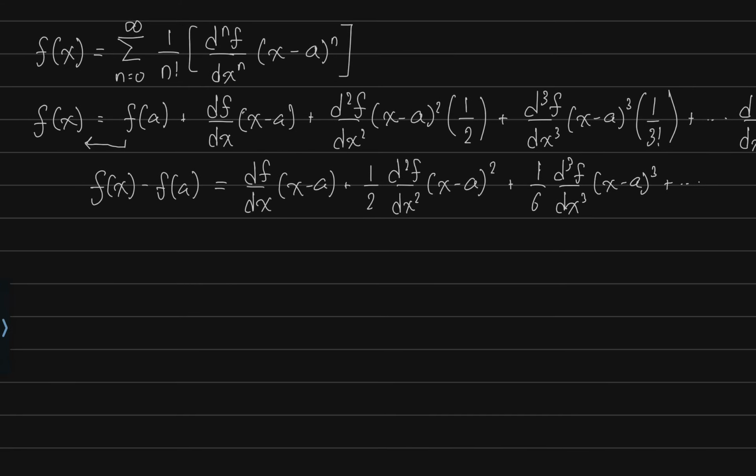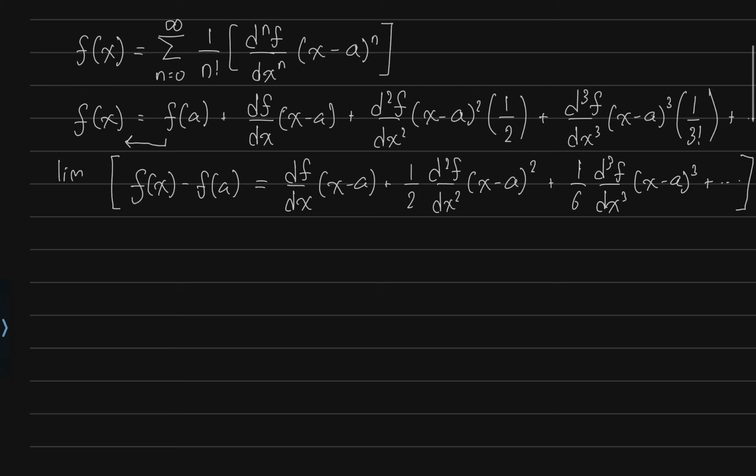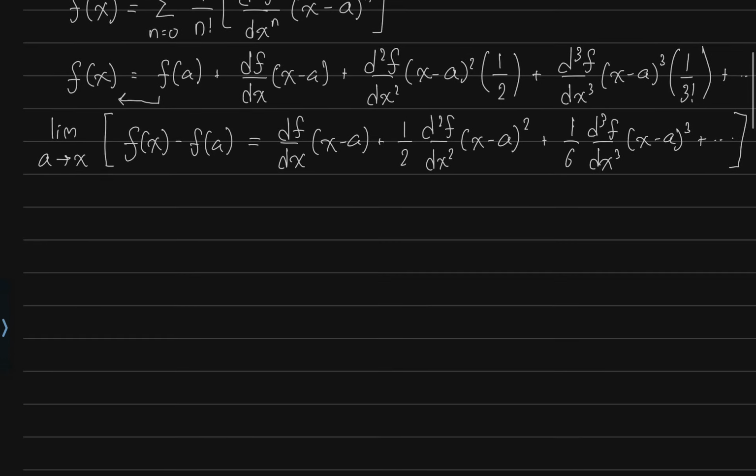Now I want to do something interesting here. I want to take all of this and apply a limit to it: the limit as a approaches x. When we do that, there are a few things I want you to note down. The limit as a approaches x of f of x minus f of a is going to be the differential of f.